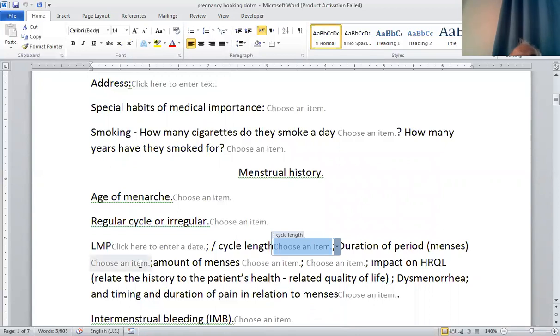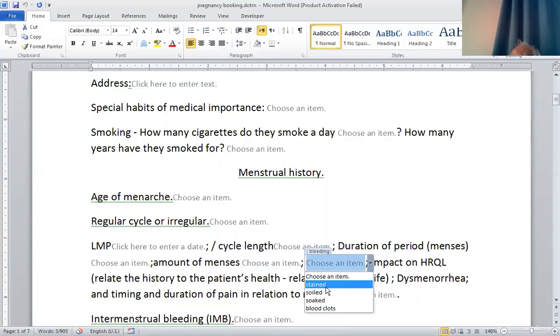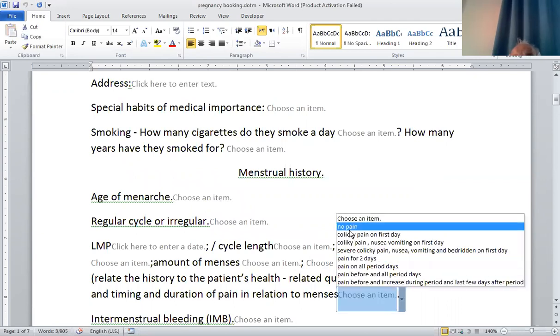Then we ask for how many days she has bleeding, and the amount of the bleeding, how many napkins are used per day, and whether the napkins are stained, soiled, or soaked, or there are blood clots. Then we ask whether the patient has dysmenorrhea, pain during menstruation, or no pain.